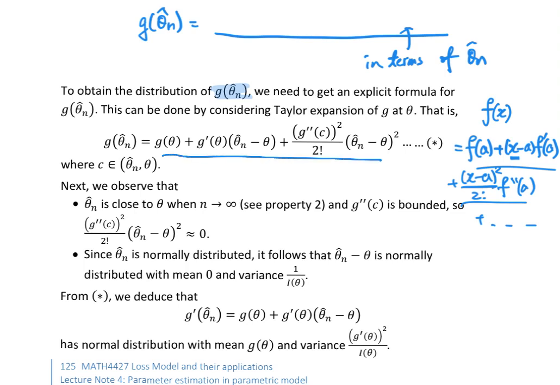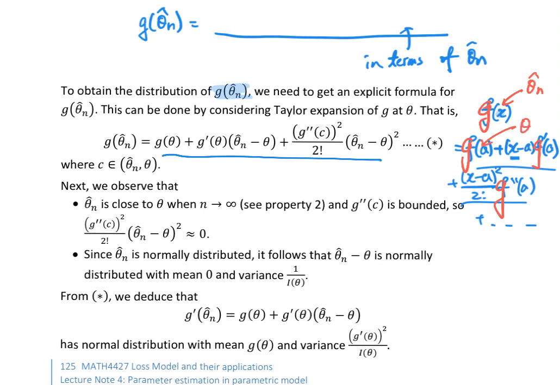I take f to be g, and for x, I take this to be θn hat, and this will be your g. And for a, which is your reference spot, I take a equal to θ.